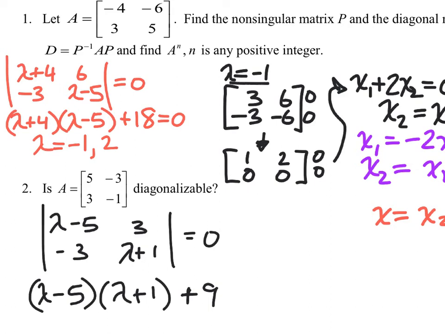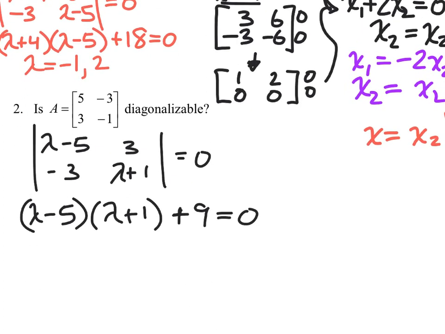Alright, so it looks like it's a 2. If you simplified it, you'd see that there's a double root here. Alright, so we're going to have lambda equal to 2. Alright, and so it's a double root.